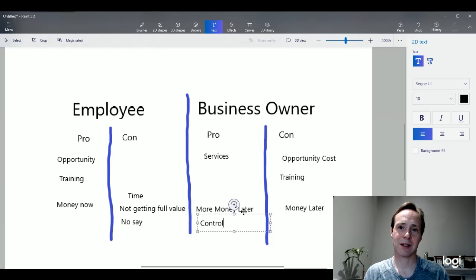When you're working for a company as an employee, they're the ones telling you what your tasks are. They're the ones telling you what it is that they want you to do. And that's a control thing.